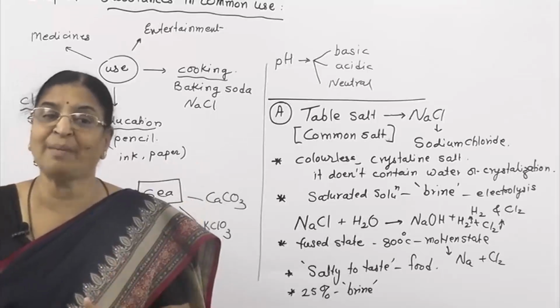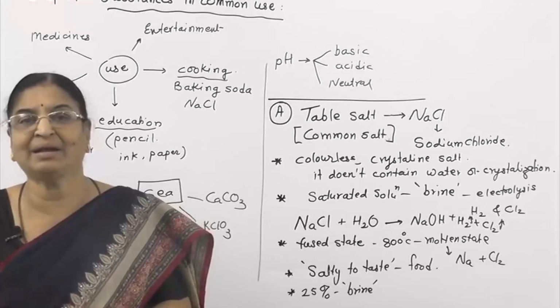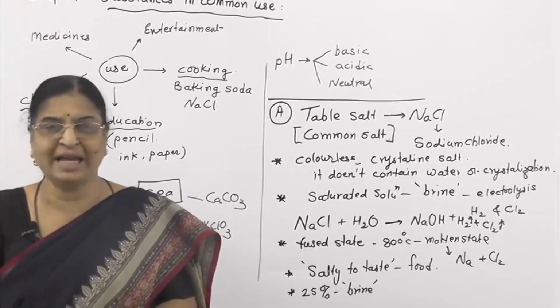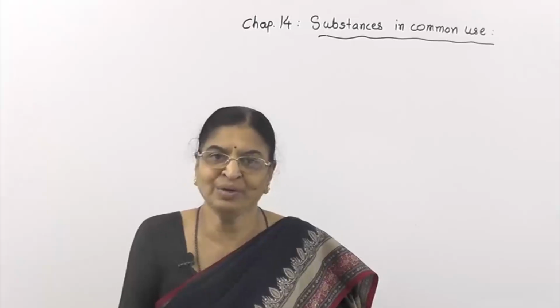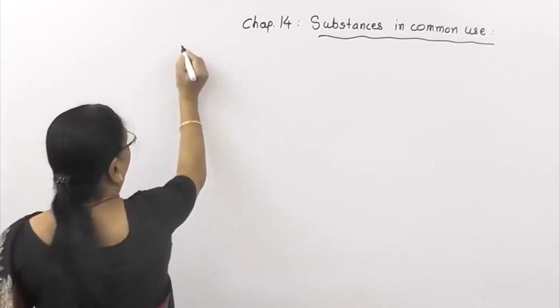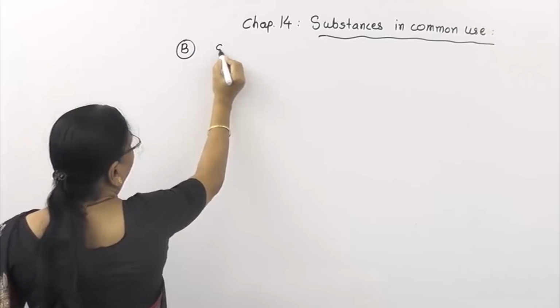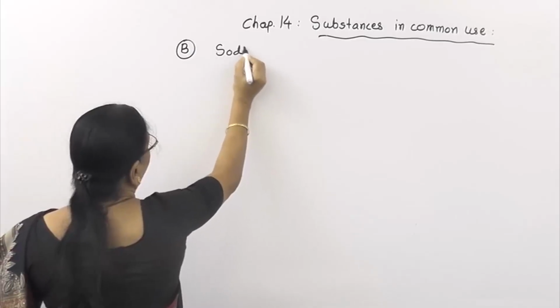And so this is about our NaCl. Can we write some other salts like this also? Let us see. The next substance is sodium bicarbonate. This is also very common in use.